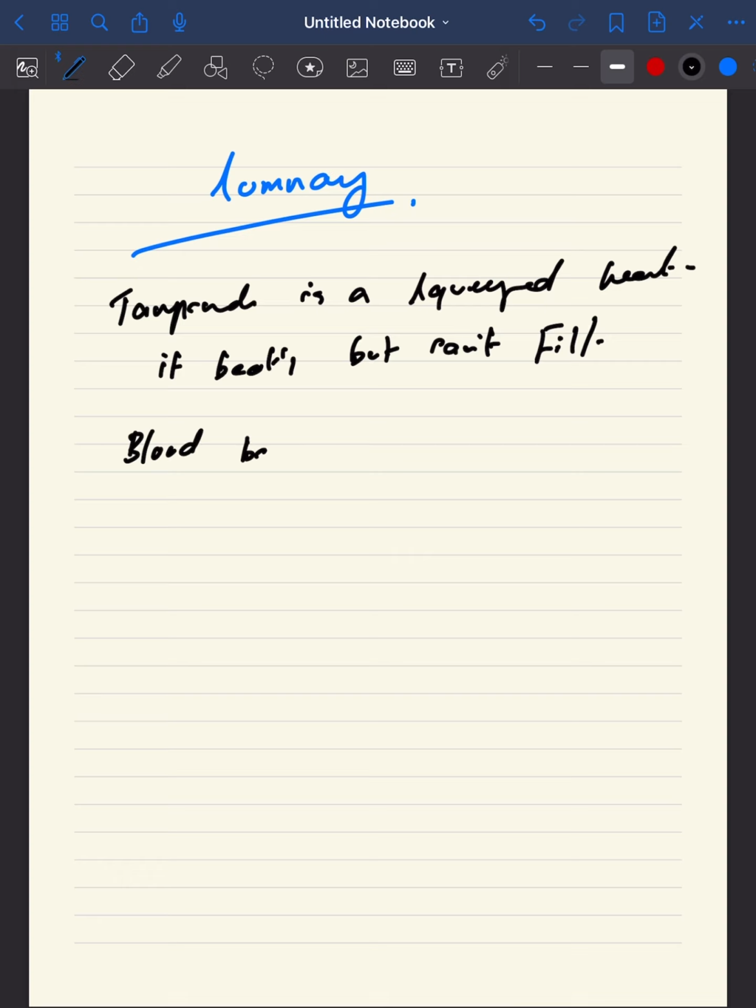Blood backs up. JVP rises, BP falls, muffled sounds. Then what? Now let's see the important X-ray findings.